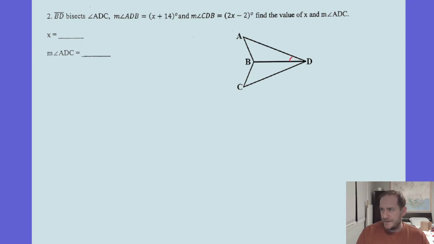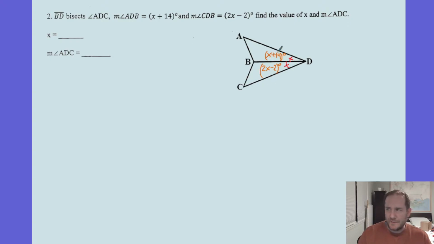And so we now know that those 2 pieces of that angle are congruent. And then the problem goes on to say that ADB, that's the top half, is x plus 14 degrees. And it says that CDB, the bottom half, is 2x minus 2 degrees.